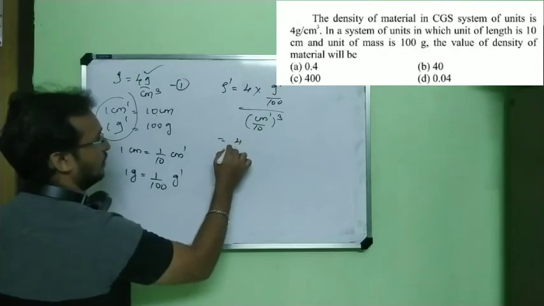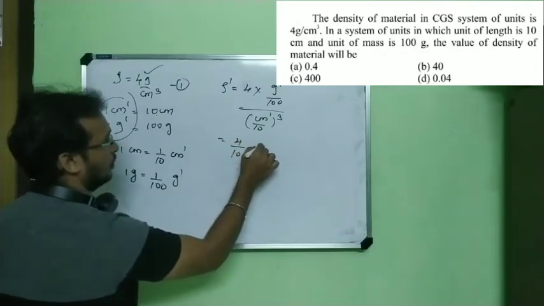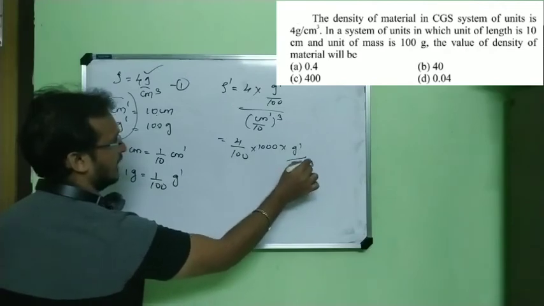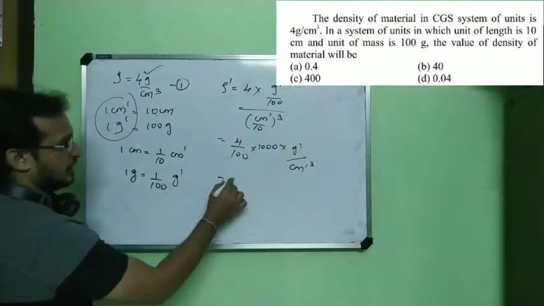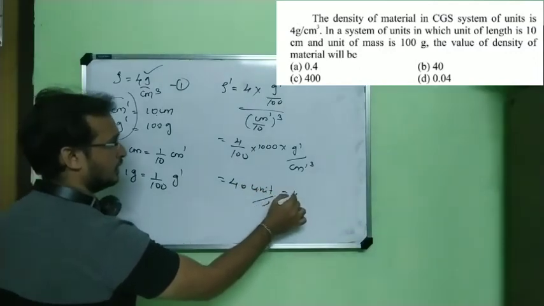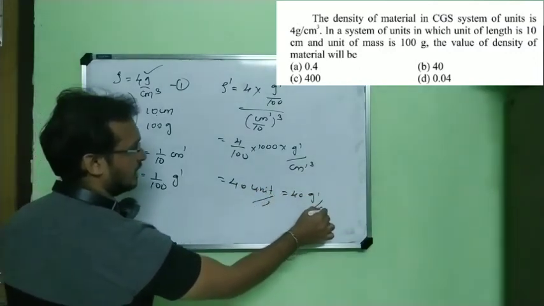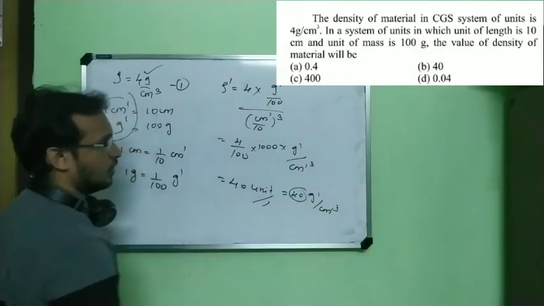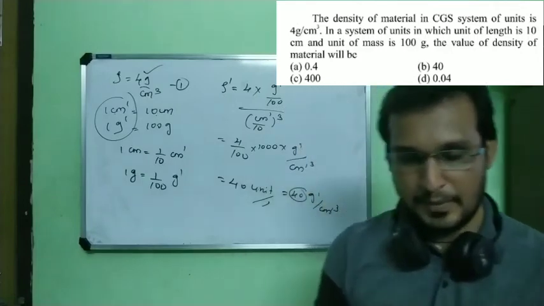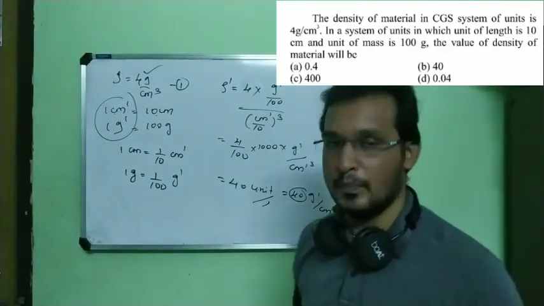When you simplify, you will get 4 by 100 into 1000 into g dash by centimeter dash cube, which is nothing but 40 g dash by centimeter dash cube. We need only the magnitude, that is 40. So the answer will be option B.